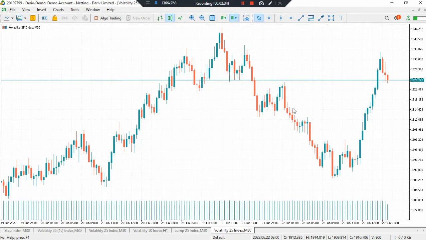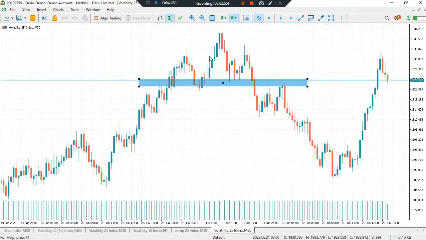For the first strategy, I actually have two methods of the same strategy. The first one is to wait for a retest after the line has been broken below. Okay, what am I saying? If you see this area, you can put a rectangle around it.